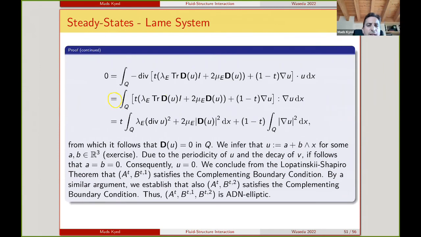The point is, I'm verifying the Lopatinski-Shapiro condition by assuming I have a solution to my half space problem of the type oscillation term times exponentially decaying term.